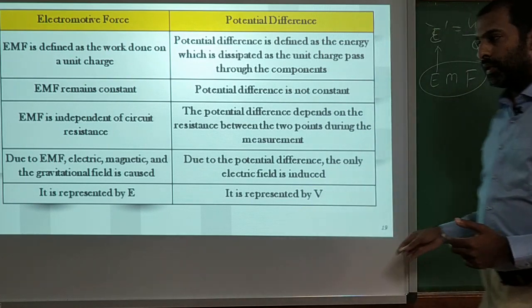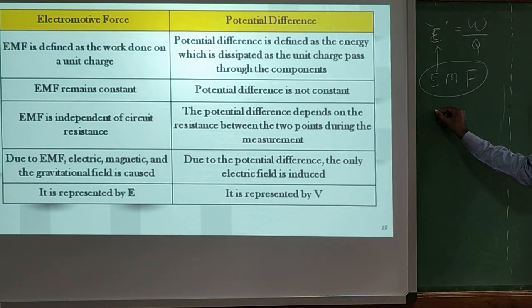We have Ohm's law. What is Ohm's law? Say we have current I equal to V by R. So what do we say? If resistance decreases, current increases. If we increase the resistance, the speed breakers, then what happens? Current decreases.